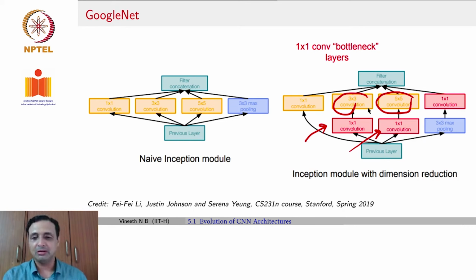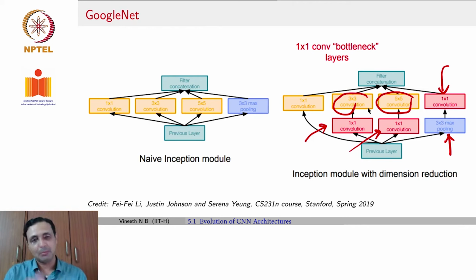Also, you see here that there is a 1 cross 1 convolution after max pool instead of before max pool when compared to the other branches. The reason for that is max pool maintains depth. It maintains the depth at the same thing as what was given. So when you do max pooling, the max pooling is done in a 2 cross 2 neighborhood on each channel in the volume.